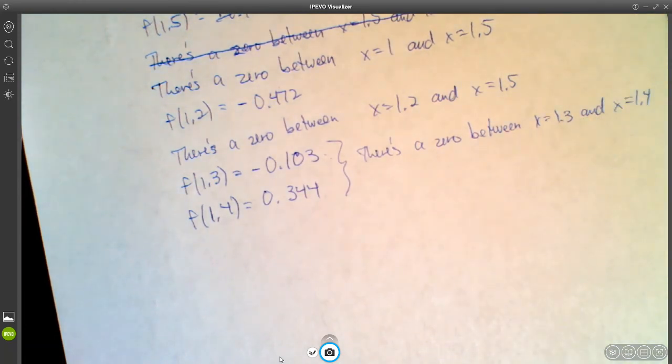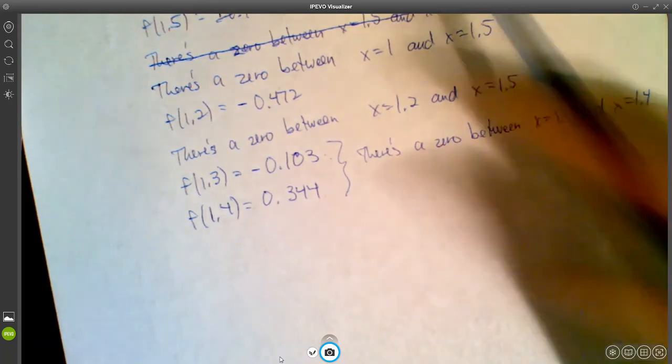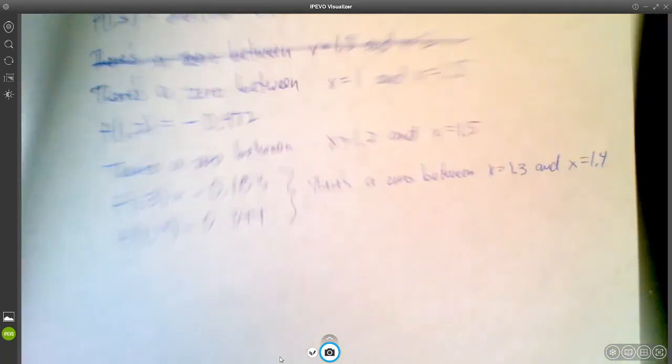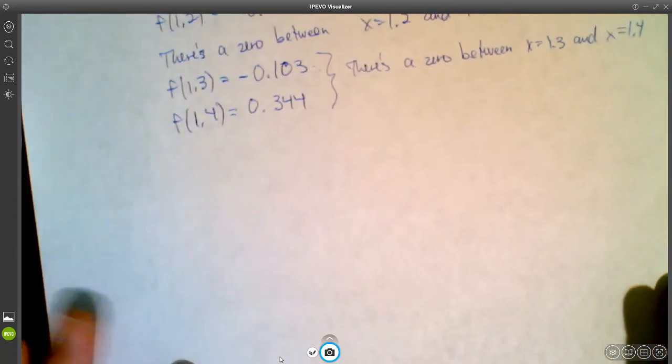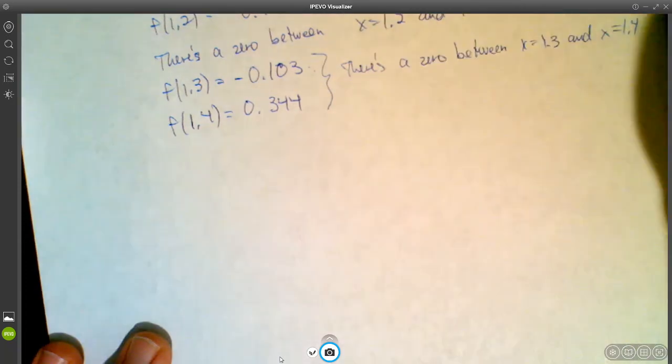Okay. So we want to approximate the 0 to 2 decimal places, so we need to get even more accurate. Here's what I'm going to do. I'm just going to cut to the chase and make a little chart.